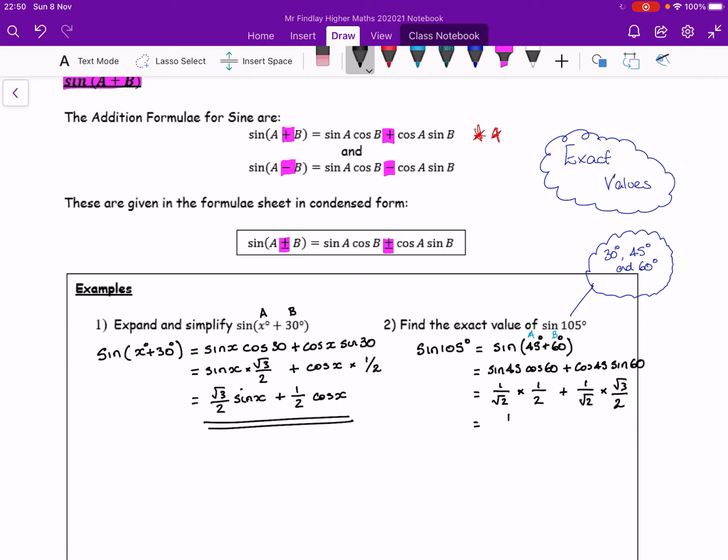Multiply top, 1 over 2 root 2. Multiply top again, root 3 over 2 root 2. And then as a single fraction, because I've got the same denominator, I have my evaluated expression. So that's an exact value for sine of 105 degrees.